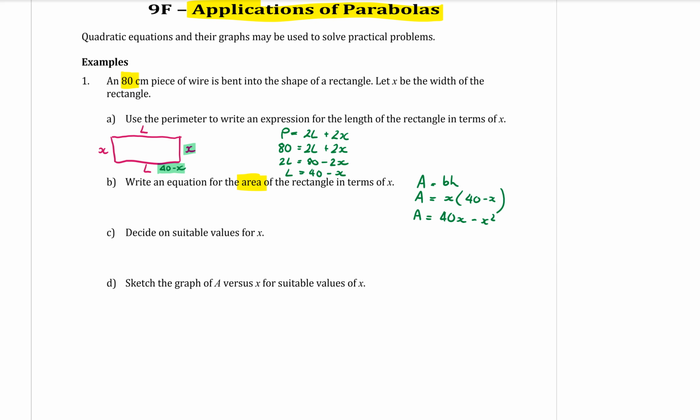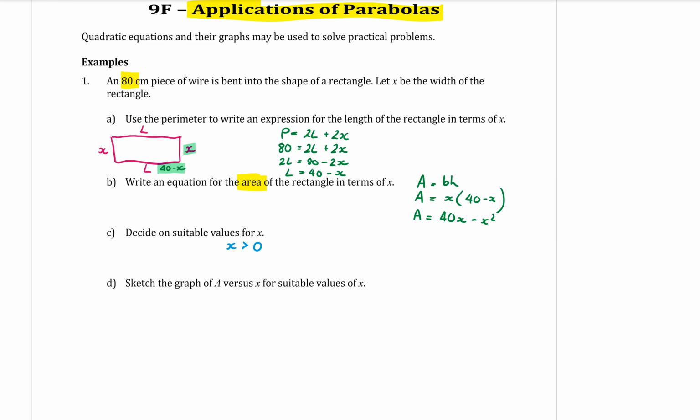So the length and the width must both be positive numbers. And that also means that the area has to be a positive number. So that's my suitable values for x. I know that x has to be greater than 0 because I know I can't have negative side lengths.